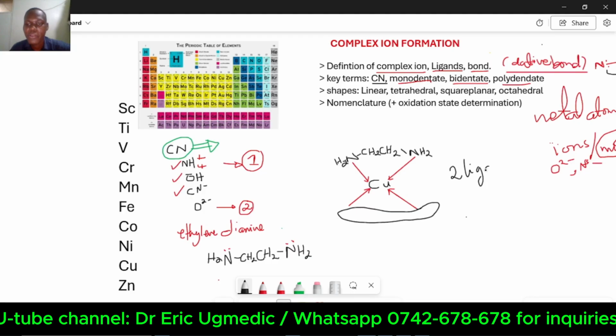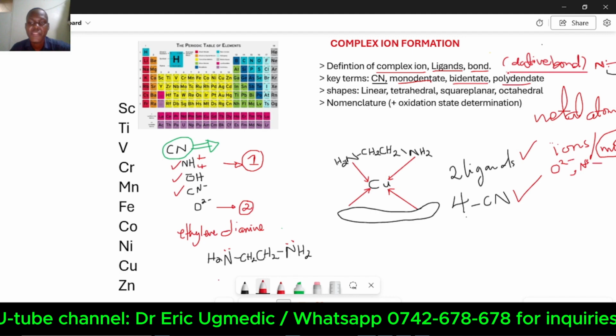Then when we look at the coordination number, which we defined as the total number of bonds formed, you will count these arrows, and that will give you 4 as your coordination number. So that's the main difference between coordination number and number of ligands.